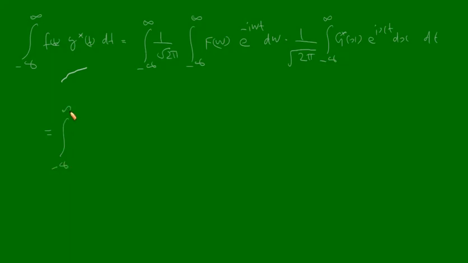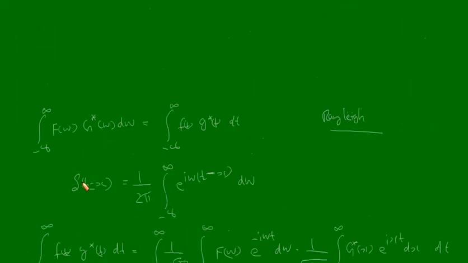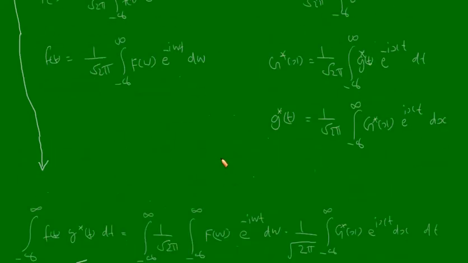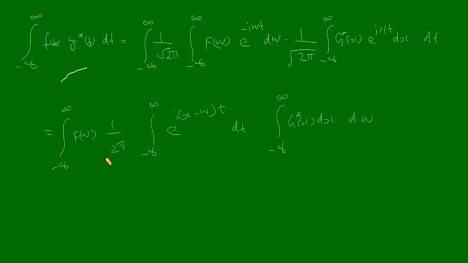Integral from minus infinity to infinity f of omega, 1 by 2 pi integral from minus infinity to infinity e raised to i x minus omega t dt, then integral from minus infinity to infinity g star x dx d omega. Multiplying 1 by root 2 pi with 1 by root 2 pi, I got 1 by 2 pi. Actually, I first wrote the term integrating over t, because I wanted to use our delta function equation: delta t minus x equals 1 by 2 pi integral from minus infinity to infinity e raised to i omega t minus x d omega. Okay, so I could create that term here.